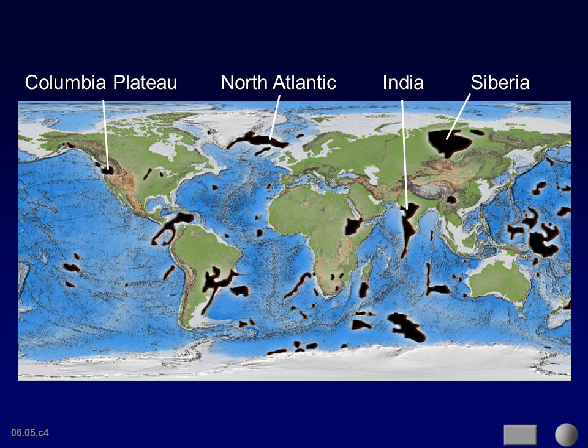The next one is in Siberia. This erupted at the same time as a major extinction event that is called the Great Dying 250 million years ago. So as you can see here, two of the largest extinction events in the Earth's very long history are linked to these flood basalts. It's pretty interesting.